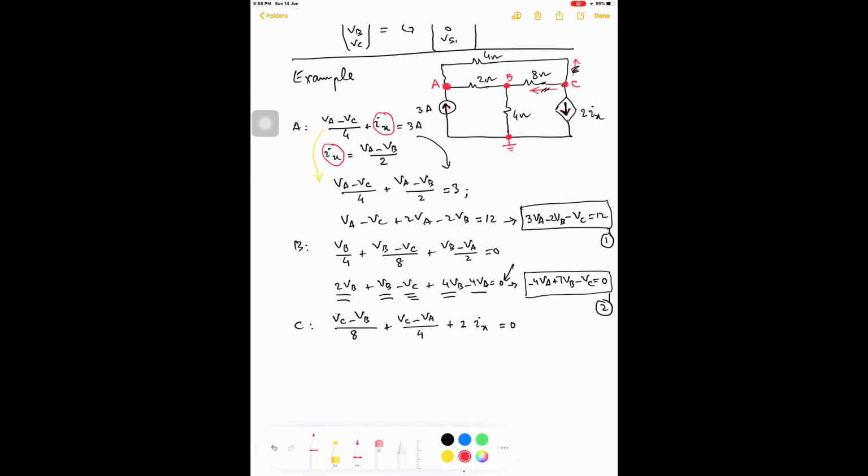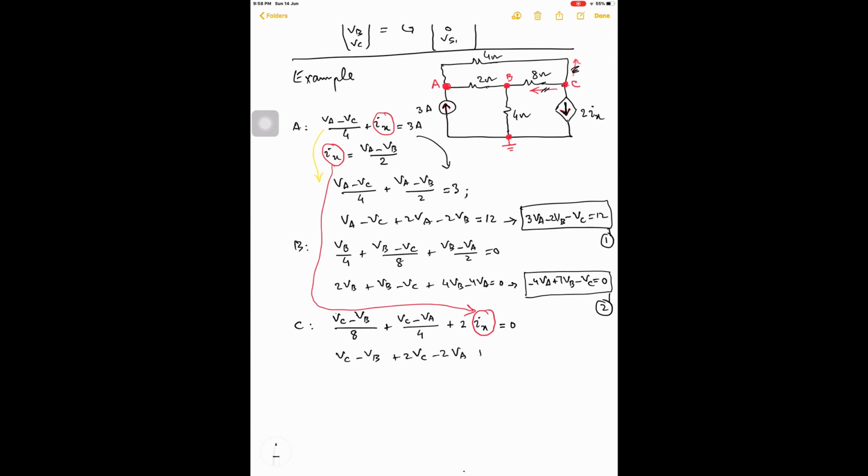Now we see this is Ix, and we already know Ix. So deleting all unnecessary things in the circuit, I will rewrite this equation. First of all, I multiply this equation by 8 to simplify it. So this is VC, multiply everything by 8, plus 2VC minus 2VA plus 16Ix is equal to 0.